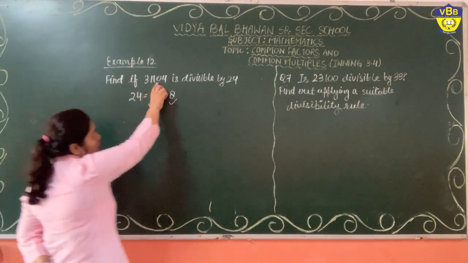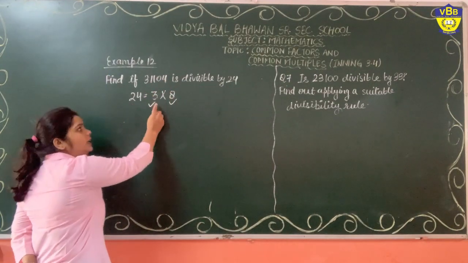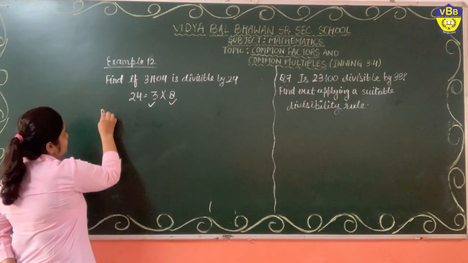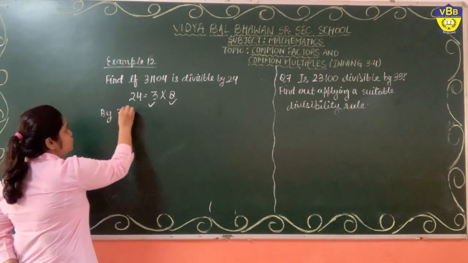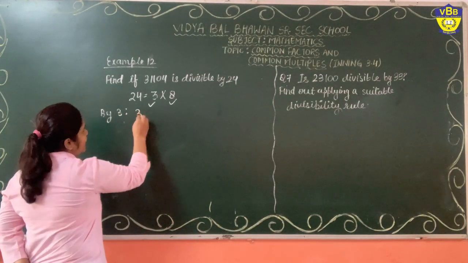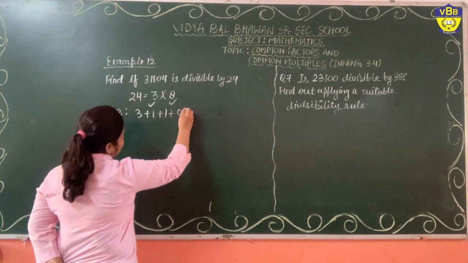So for checking if this is divisible by 24, we need to check the number with 3 and 8. The divisibility rule of 3 is to sum the digits of the number. So we add 3 plus 1 plus 1 plus 0 plus 4.